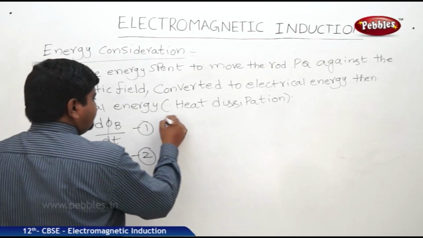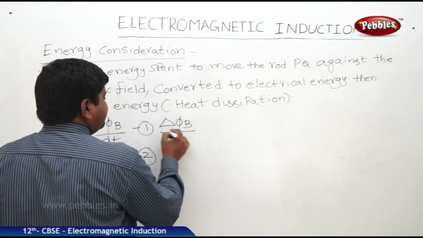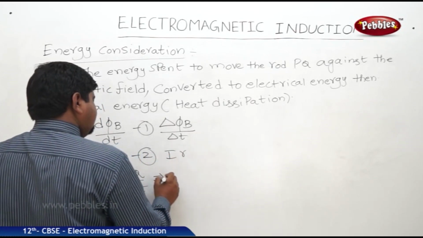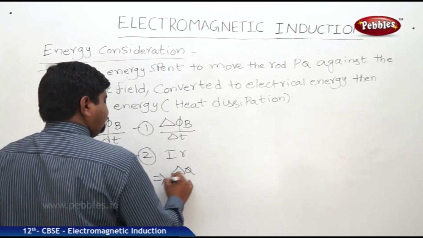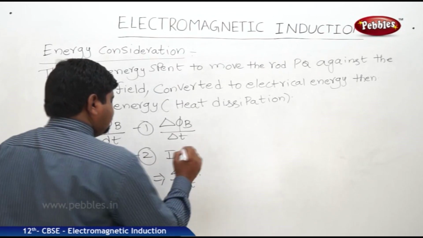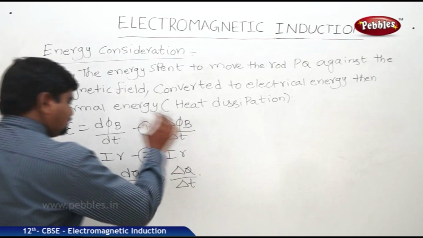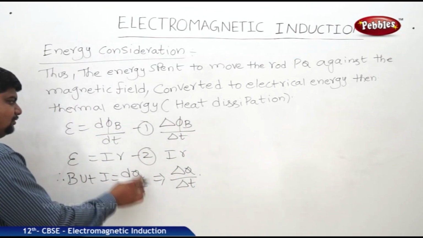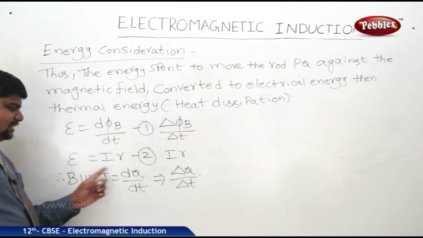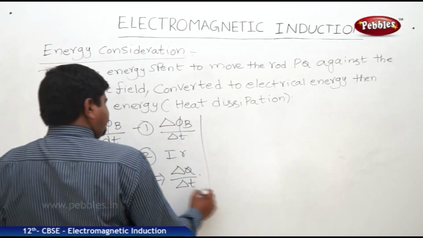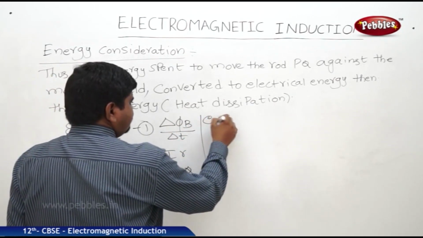This one we can write delta phi b by delta t. This is IR, and this one is delta q by delta t. So in any case, just try to compare this I value in this equation. So what is I? dq by dt into R. Just compare the equations 1 and 3.